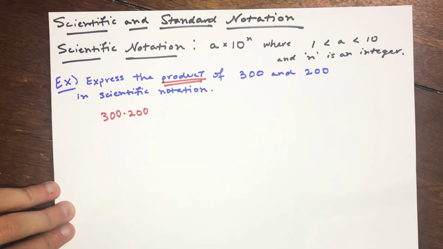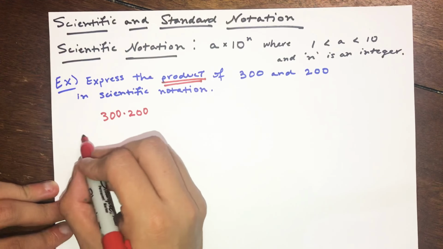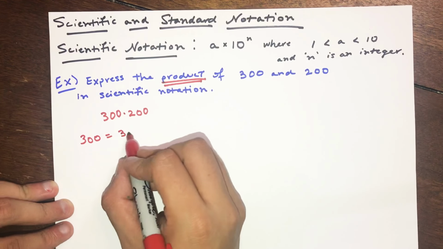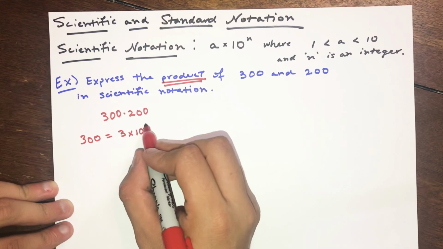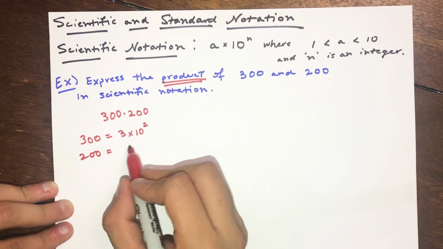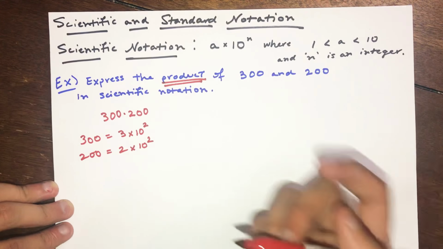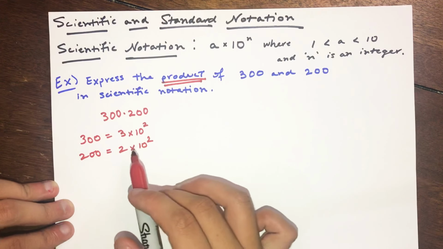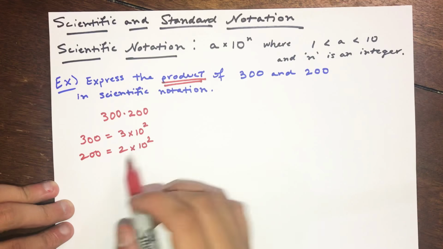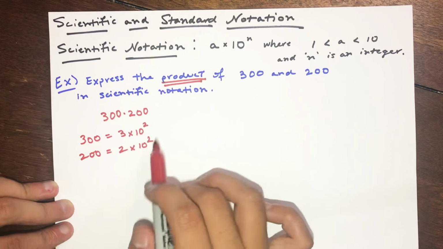Well, here's what we could do first. 300 is the same thing as 3 times 10 squared, and 200 is the same thing as 2 times 10 squared, because 10 squared is 100, 3 times 100 is 300, 2 times 100 is 200. And so instead of 300 times 200 in this form, we could write it in this form.